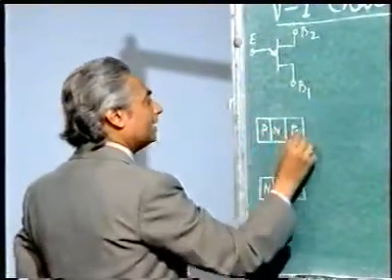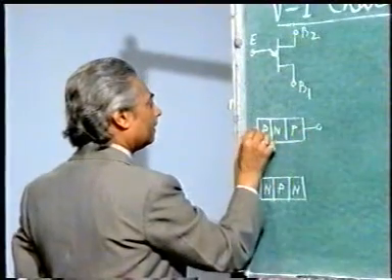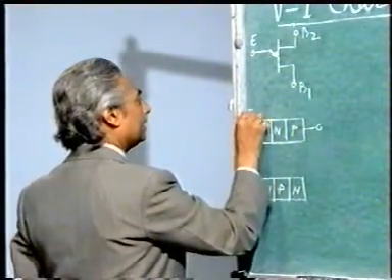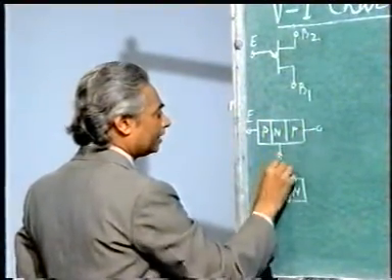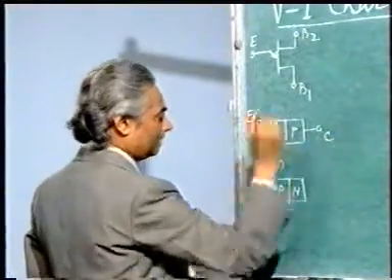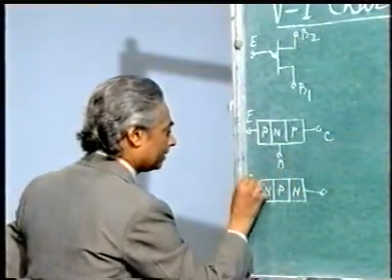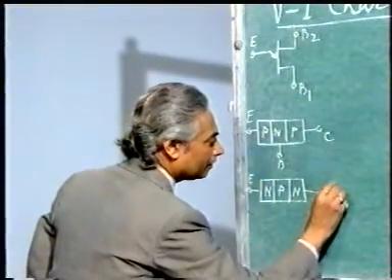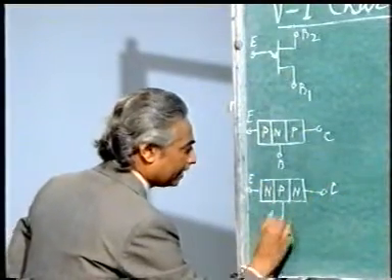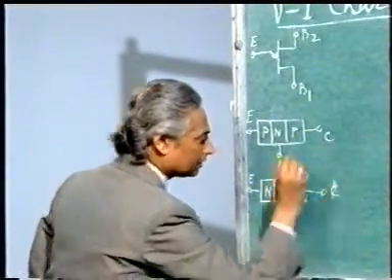Here you find that the terminals are emitter, base, collector. Here also emitter, collector and base, of course this is collector.